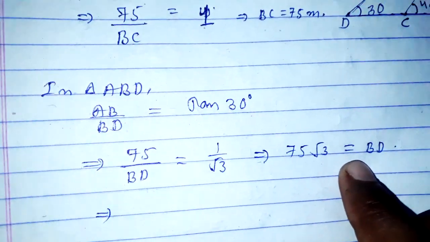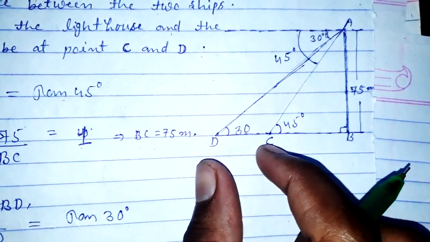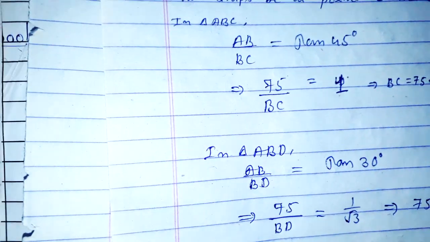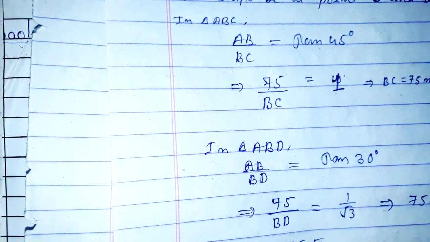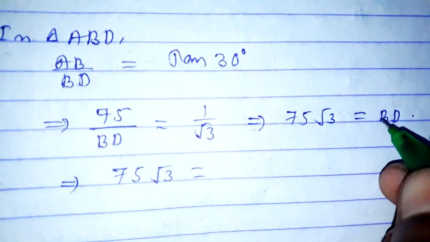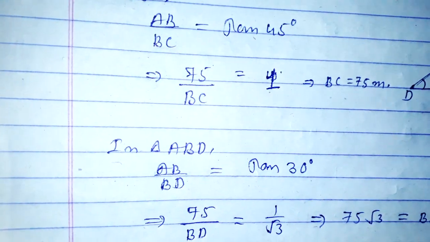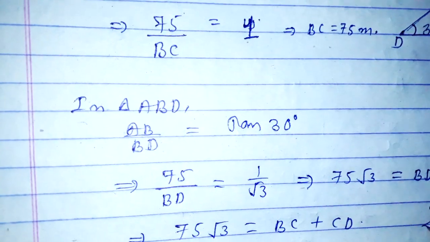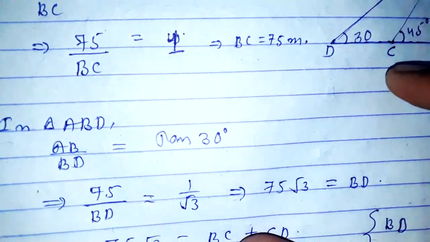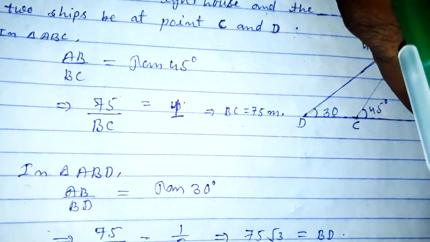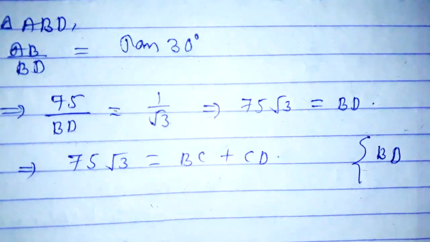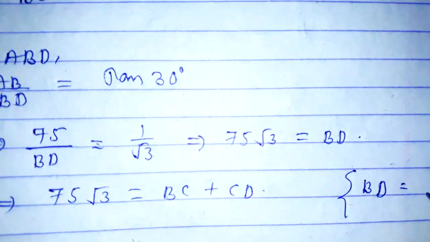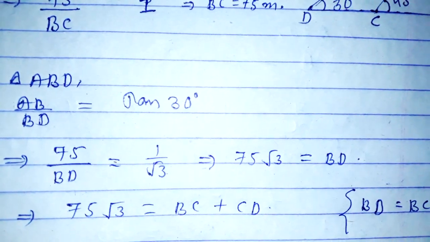So what is the value of BD? BD is BC plus CD.